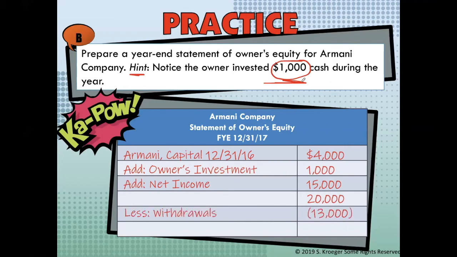The owner withdrew $13,000 throughout the year. Our ending capital balance would be the $20,000 minus the $13,000 to equal the $7,000 at the end. We will use this $7,000 in our balance sheet. And we did get the right number, because remember I said that we were aiming to get $7,000 because in this particular problem, they did give us the ending balance.